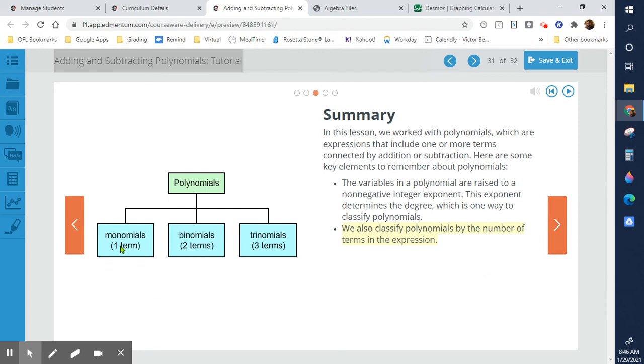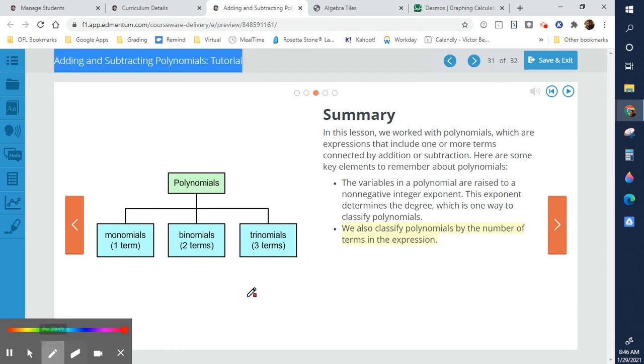Monomial means that one term. Binomial, two terms. I remember they're being separated by positives and negatives. Then we have trinomial, so that's 3 terms. So, for example, all of these would be examples of quadratics, but in different terms.